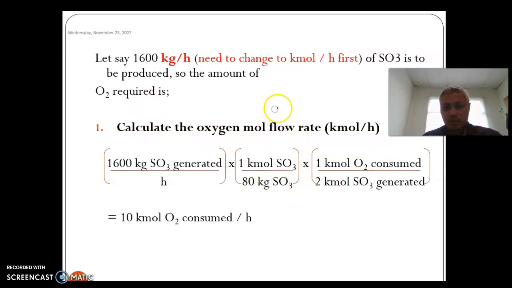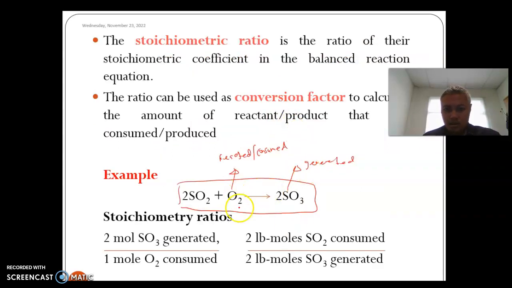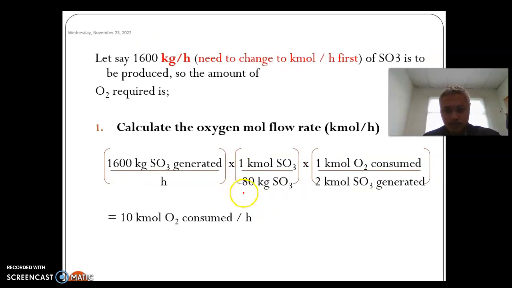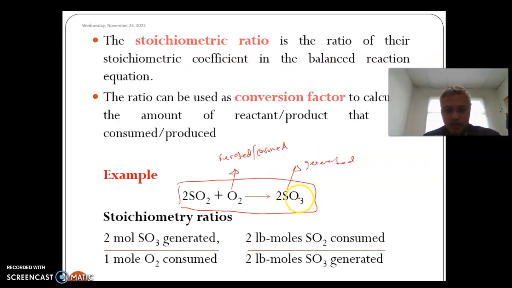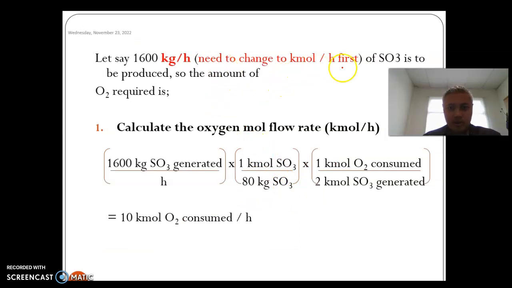So if we go back to the equation, here we have O2 consumed, right? And then SO3 generated here. So we have the value of SO3 generated. So we use SO3 generated term here, and then we need to cancel SO3 generated. Since we have changed the unit here, it will become kilomole SO3.